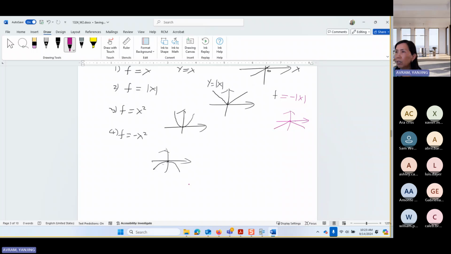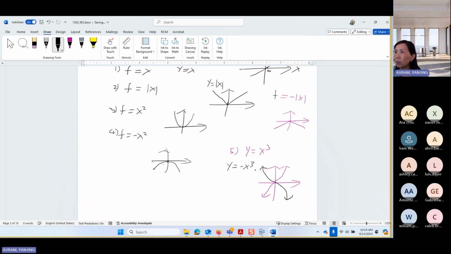Number 5, if I have y equal to x cubed, how does that look? Well, the positive one will be in quadrants 1 and 3. So that will be a curve, in 1 and 3. If I have y equal to negative x cubed, this will be in quadrants 2 and 4.